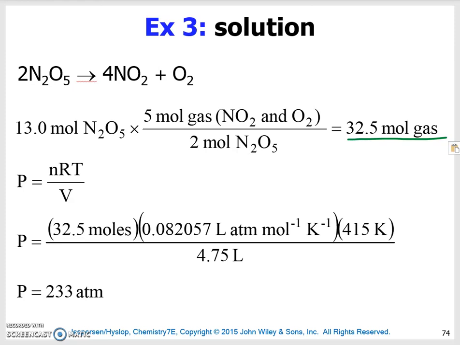But I get 233 atmospheres, which is an insane amount of pressure. For reference, that's about almost 7,000 pounds per square inch, if my math is right. Oh, just kidding. About half that. Still, 3,500 pounds per square inch in this container.